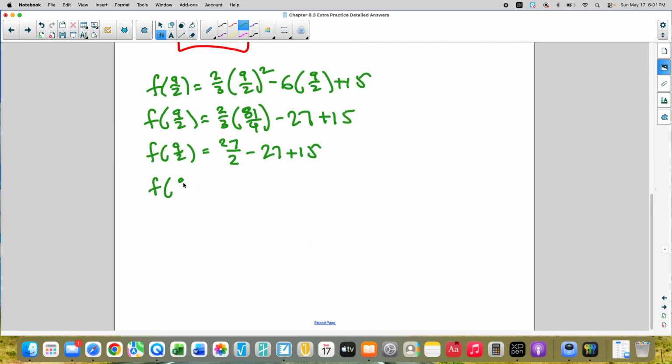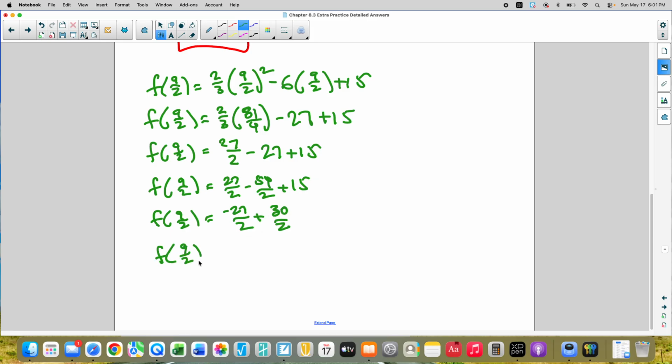So f of 9 halves equals 27 halves minus 54 halves plus 15, which is negative 27 halves. We'll make this 30 halves. So f of 9 halves equals 3 halves. Really? 3 halves again? Cool.